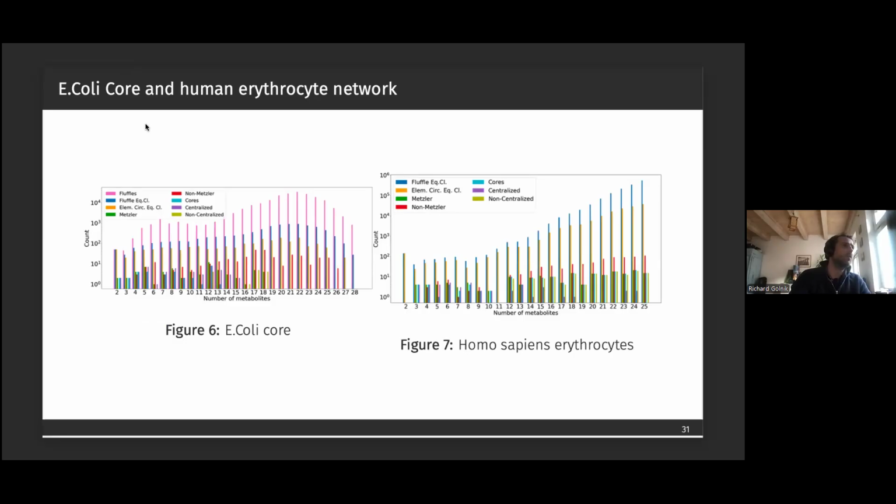So to the E. coli network, for example, the E. coli core metabolism, for which we could enumerate all autocatalytic child selection matrices with irreducible Metzler part, and also to the human erythrocyte network, which was in a big database. But here we had to basically stop at 25 metabolites.